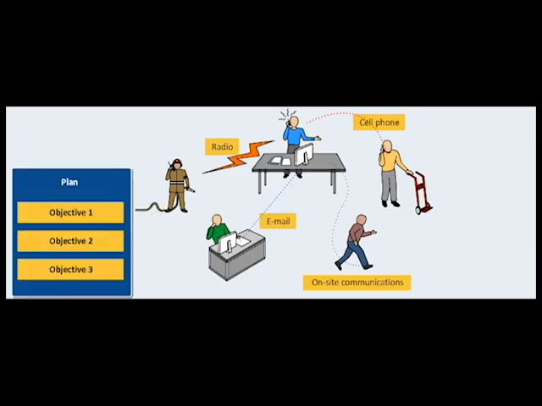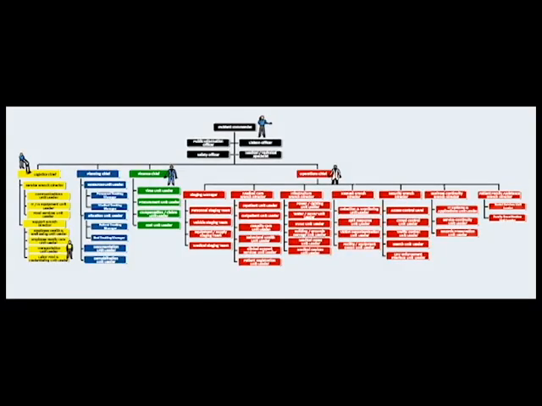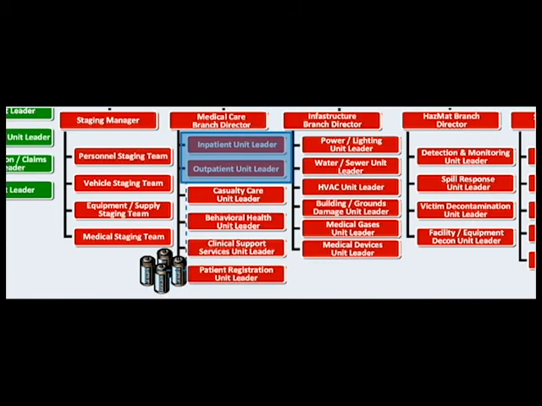A plan is needed to communicate the overall incident objectives, information, and warnings throughout the chain of command. Communication pathways and methods must be established and understood. For example, during a power failure, additional batteries are needed in the patient care units.